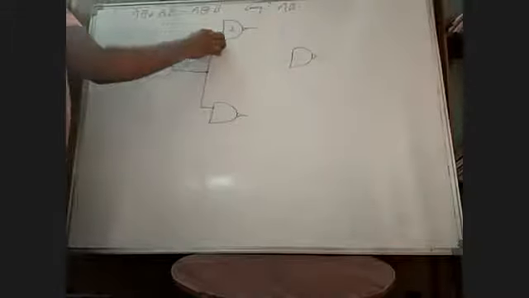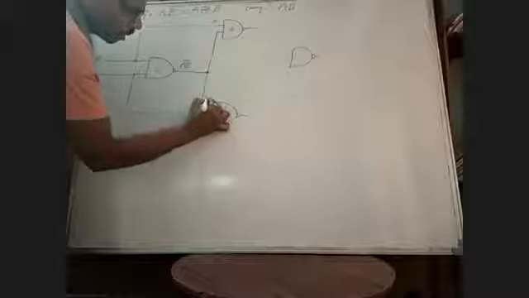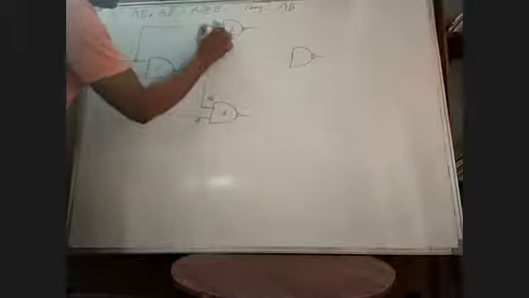Similarly, the second input of this gate is connected to A, and this is B. Here we have connected AB whole bar here and AB whole bar here.